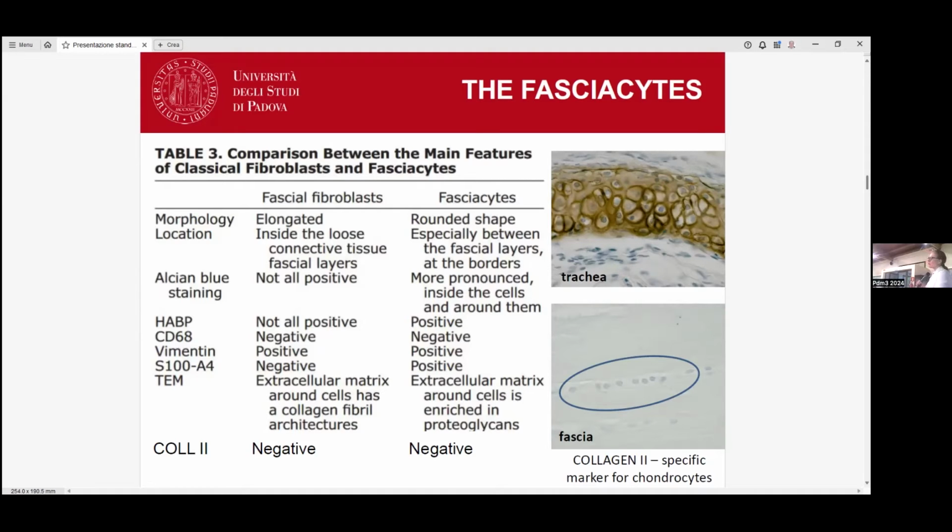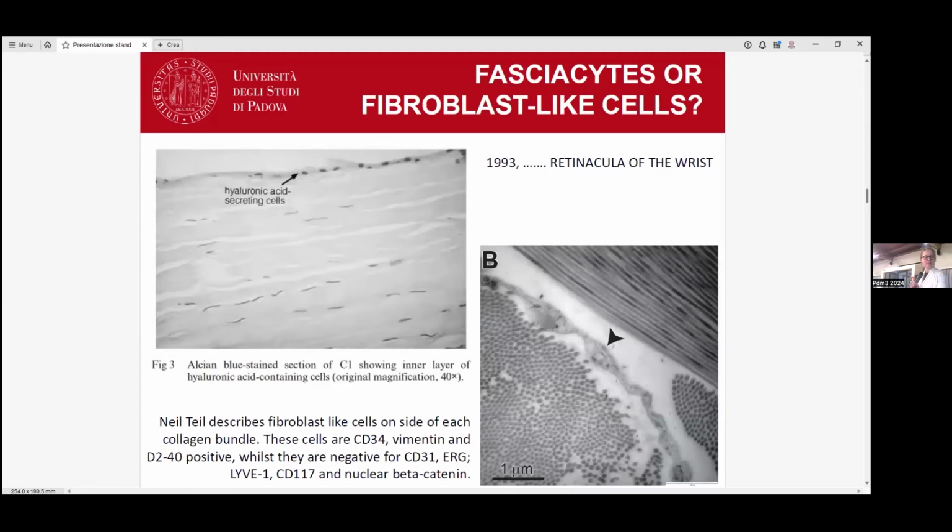Besides, we also tried the stain of collagen type 2 because we had the doubt that they were a metaplasia of the fibroblast, but they are collagen 2 negative, so they are not chondrocytes or in a phase of metaplasia with respect to chondrocytes.